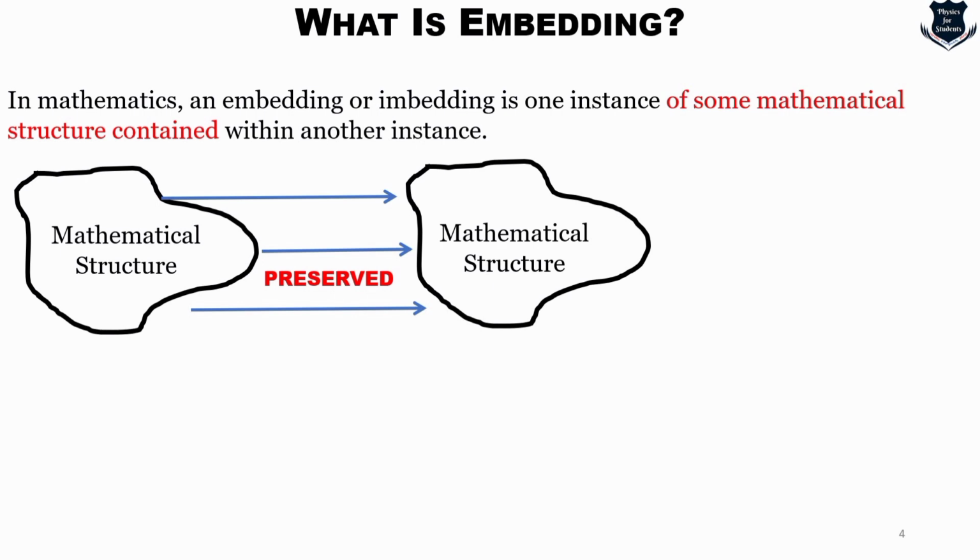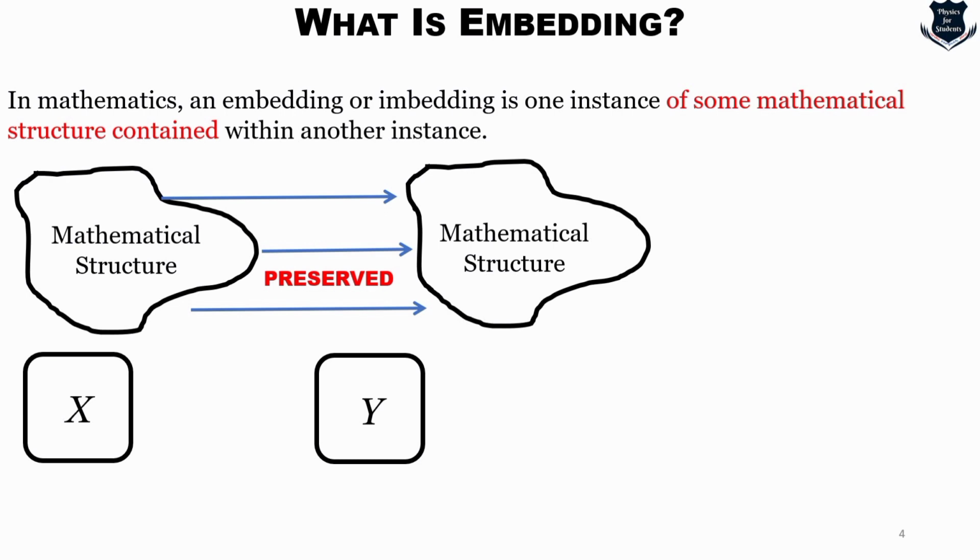This is how the embedding goes, one part to the other, and we say that some of the properties are preserved. So when some object X is said to be embedded in another object Y, you can just imagine this one to be X and this one to be Y. The embedding is actually given by some injective and structure preserving map, followed by this notation f, where X maps to Y. This is shown by a hooked arrow, which refers to embedding.